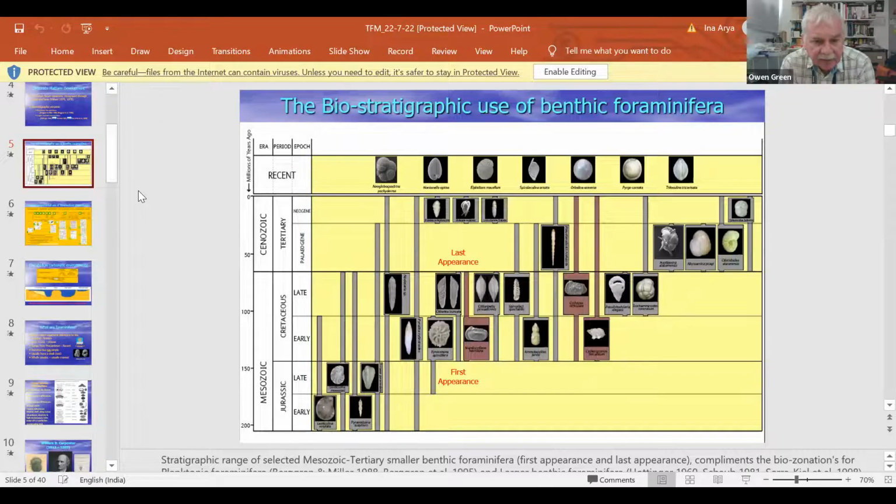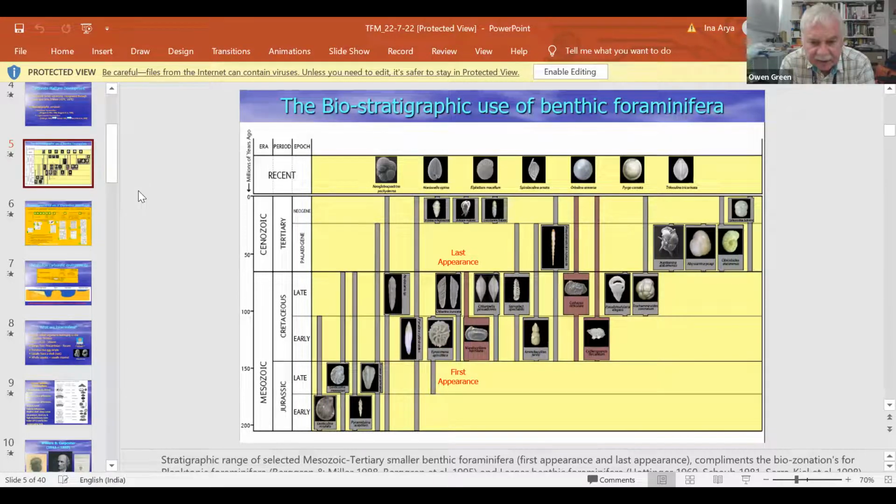Right, so first of all, let's deal with the biostratigraphic use of foraminifera, because that's usually applied to things like the planktonics. And in this case, I've got an illustration relating to some of the smaller benthics that might be out there. The key thing that we're looking for here is usually the first appearance and the last appearance of when these things occur within the stratigraphy.